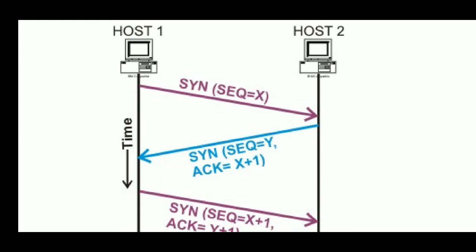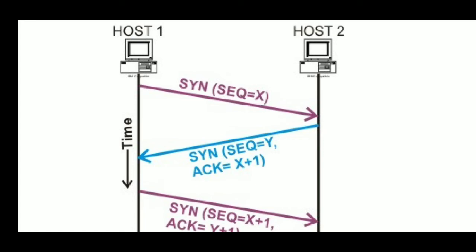And in step 2, the server sends a segment which includes source and destination port numbers and an initialization sequence number. No, sorry. The server sends a segment which is a 2-in-1 segment. It acknowledges the receipt of the previous segment by ACK equal to x plus 1, and it also acts as the initialization segment for the server, which is denoted by sequence number y.